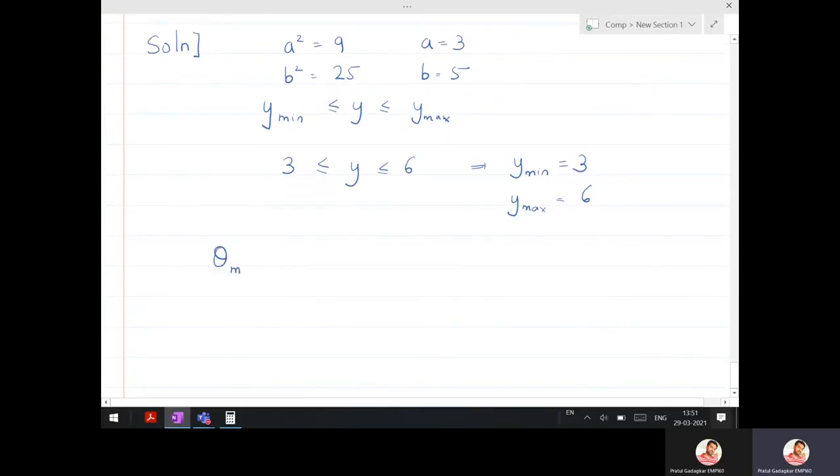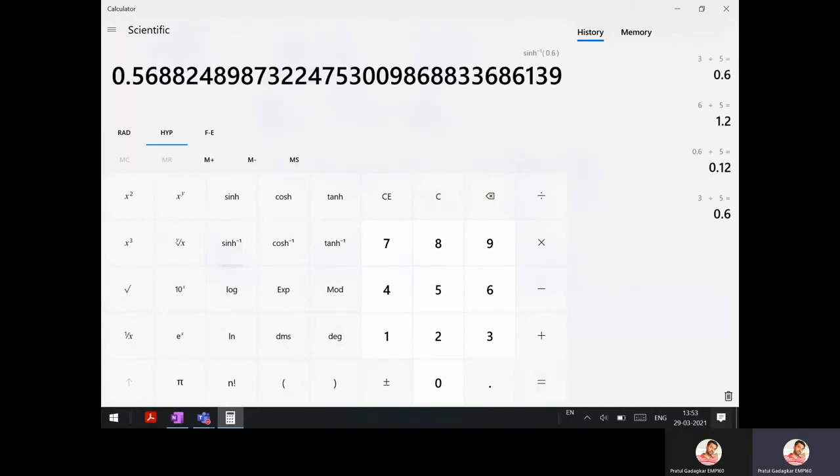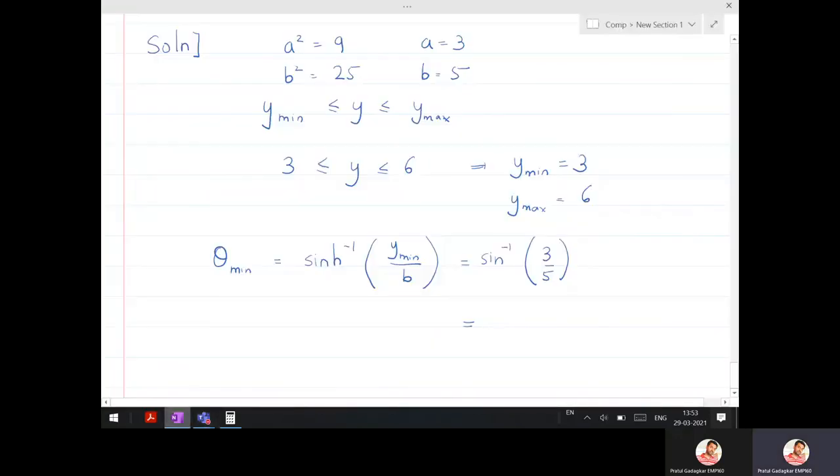So theta min will be sine hyperbolic inverse of y min upon b, which is equal to sine hyperbolic inverse of 3 upon 5. Here in my calculator is 3 upon 5, and its sine hyperbolic inverse comes out to be 0.5688.